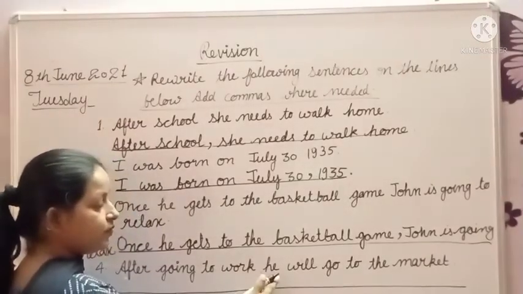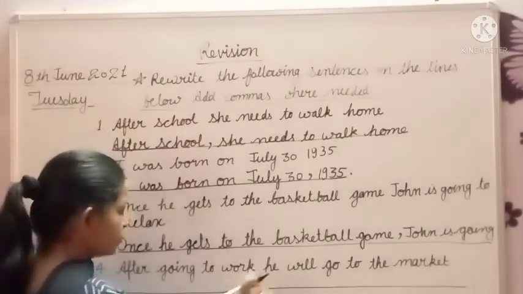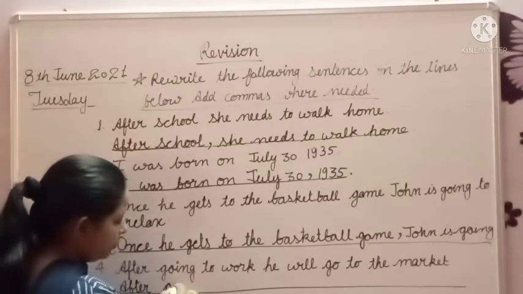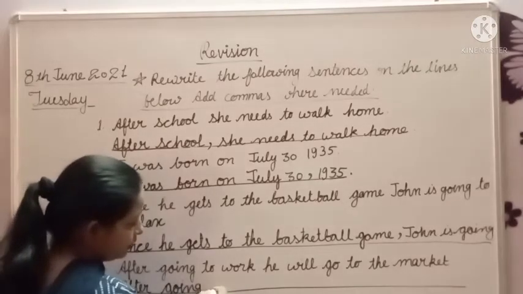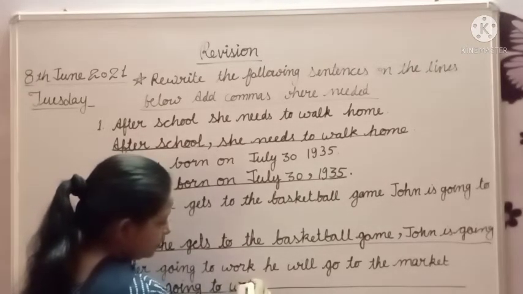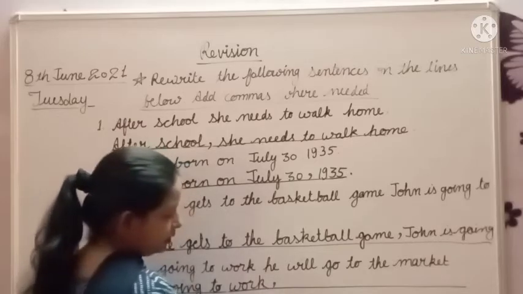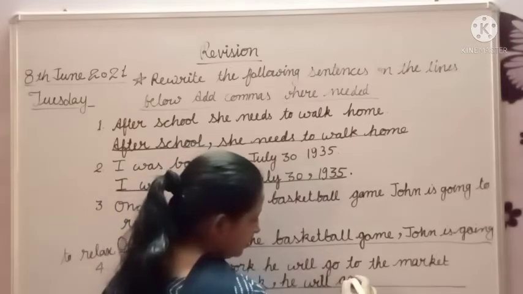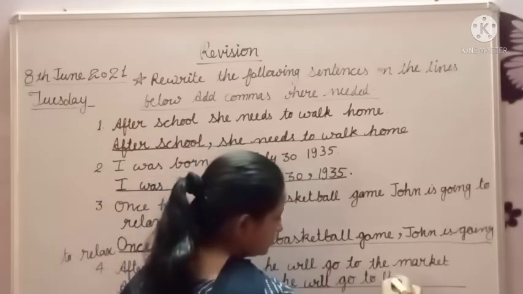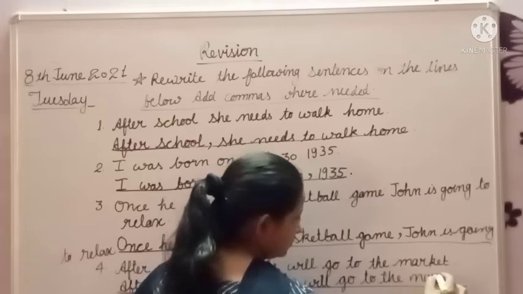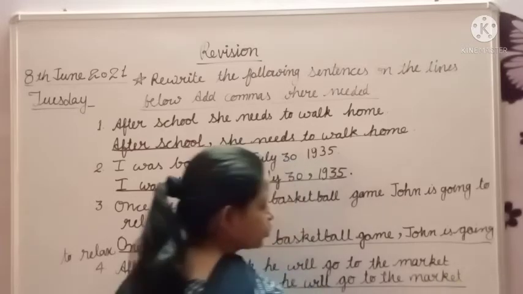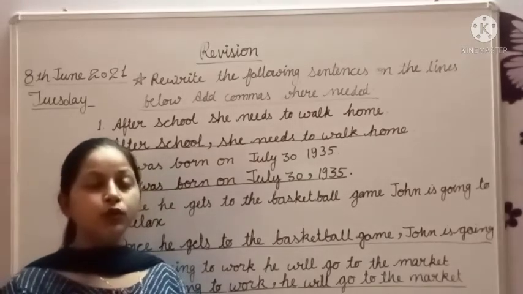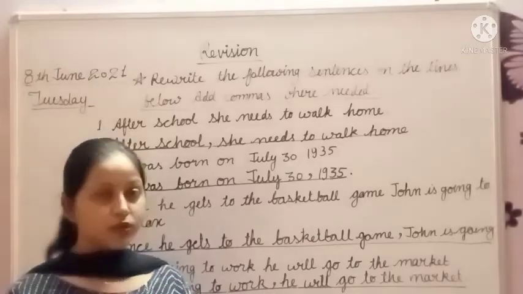After that we will rewrite the sentence. After going to work, put a comma, and then he will go to the market. And put a full stop at the end of the sentence. Clear to all? Now we will do two more sentences using commas.